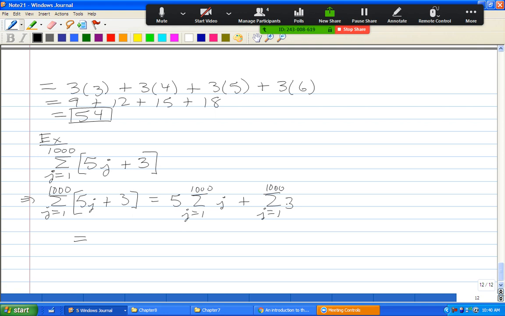Recall that the sum, j equaling 1 to n, of j is just n times n plus 1 over 2, and the sum, j equaling 1 to n, of c is just cn.